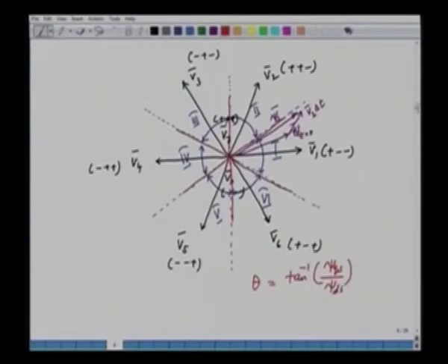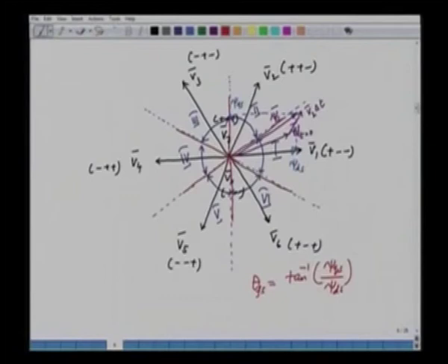We know that we can always have 2 components of the flux. If we have the flux in here, say for example, we can find out its x component, which is psi ds, and the y component here is psi qs, and if we find out tan inverse of psi qs by psi ds, what we obtain here is theta fs.